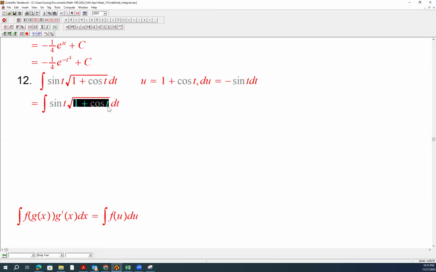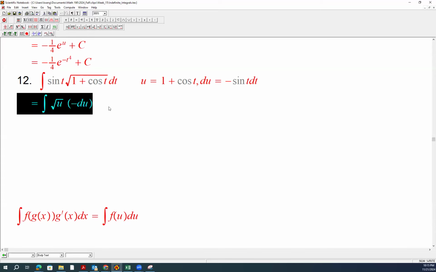So this is the root of u times sine t. I'm going to bring it with dt, right? So I have sine t dt. There's a negative sign in front of it. So sine t dt can be replaced by negative du. You can write it this way, right?